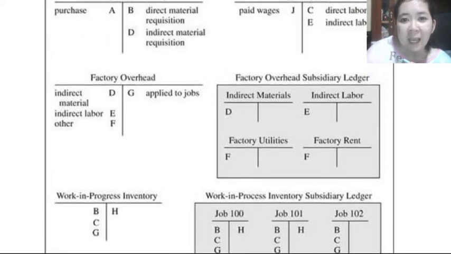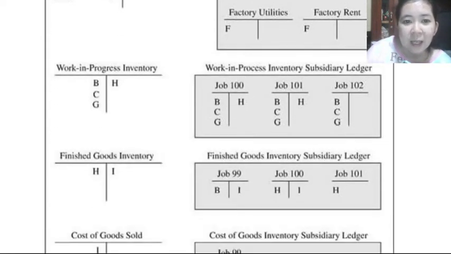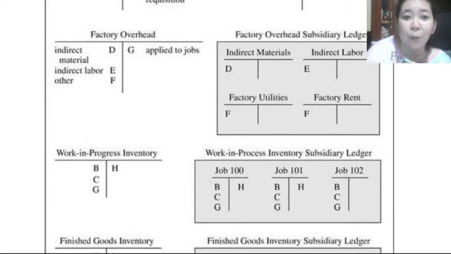Letter H, I think, is the total work in process inventory that is transferred later on to finished goods inventory. In our work in process inventory, we also have the subsidiary ledger for each job, and work in process inventory is the control account for all the jobs that are under work.